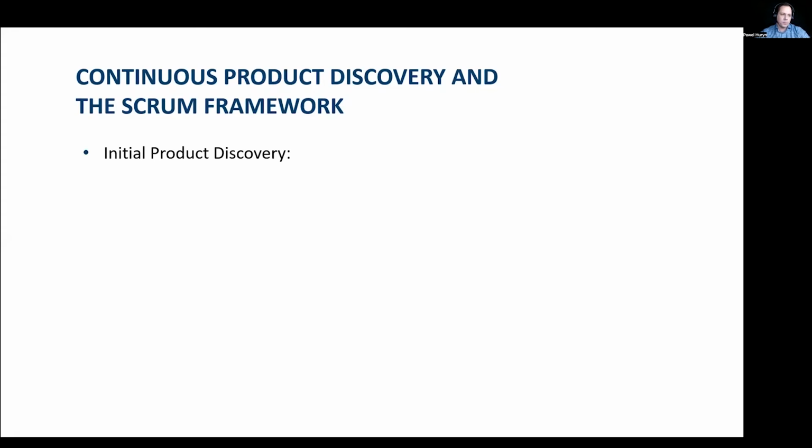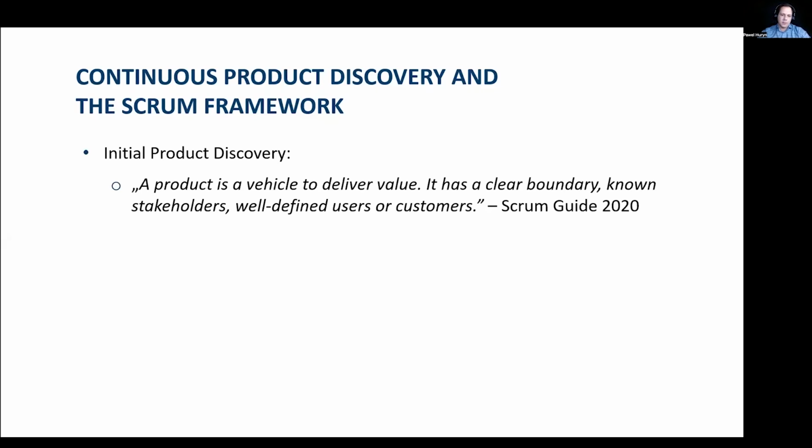I would make a distinction with the initial product discovery, because before we have a product that is well defined, according to the Scrum guide, the product has a clear boundary, has known stakeholders, well-defined users or customers.